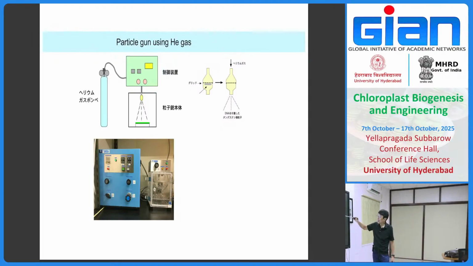Inside, on the agar plate, Chlamydomonas cells are spread on the surface of the agar plate as a monolayer. If the inside of the chamber is a vacuum, the small particles will not be slowed down, so they travel at high speed. You can shoot the cells with these particles. This process is not difficult; it's easy.